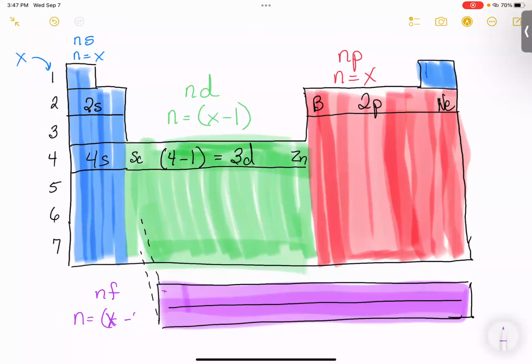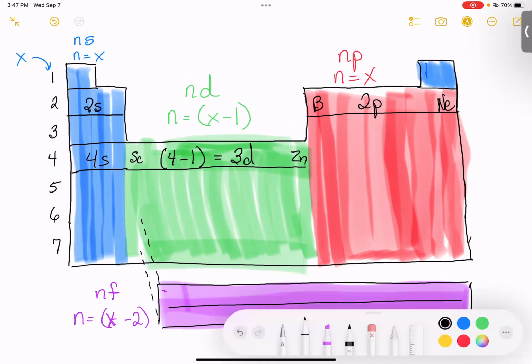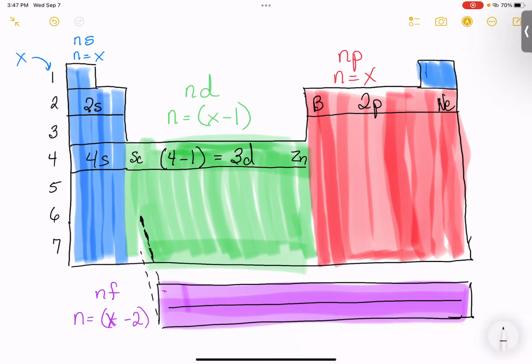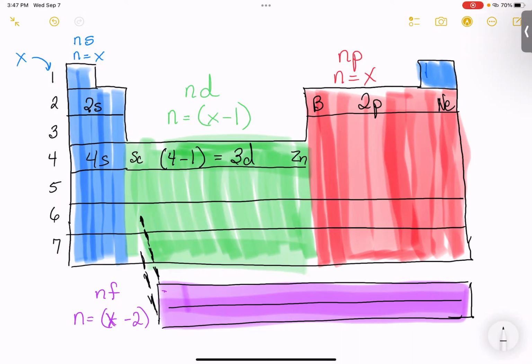minus 2. And if you will notice the black dotted line, which I'll make a little darker, this black dotted line starts in period 6.